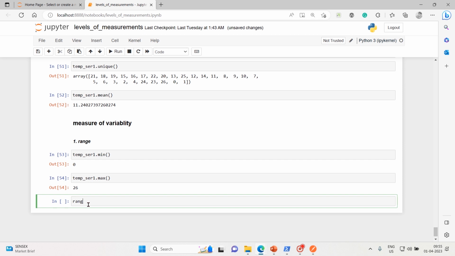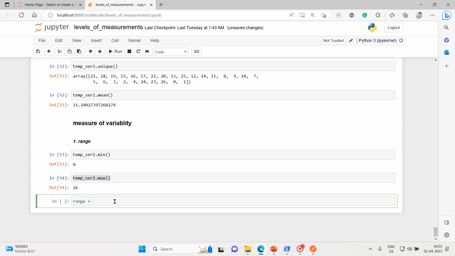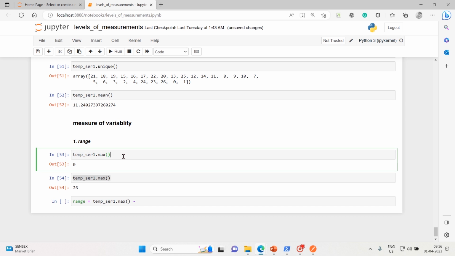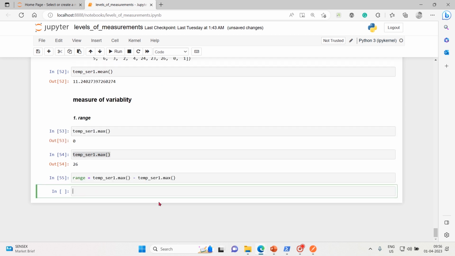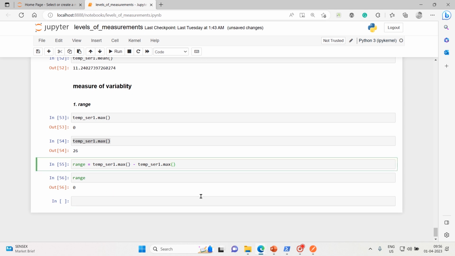So now the range is equal to this. This is our range, the total range of temperature distribution there.